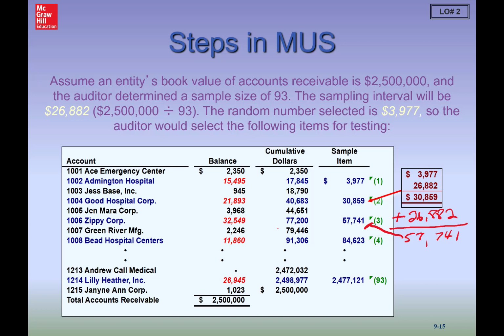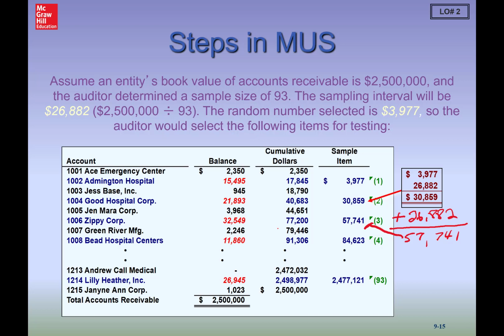We go to the next one and it's $15,495. We add that to the 2,350, and that brings us to $17,845. So somewhere in this admission at Bloomington Hospital, we found our $3,977, right?